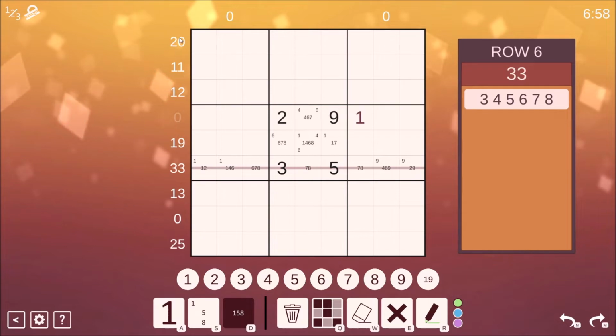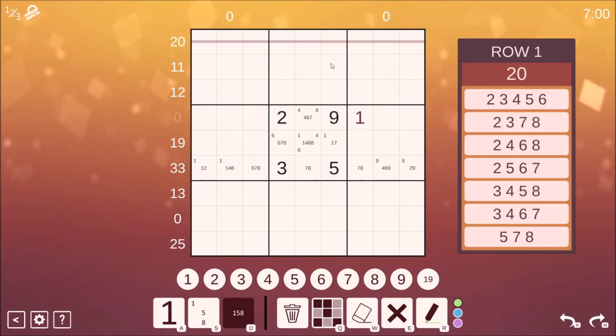Let's look at this 20. What I'm looking for now is if we can block out any of the middle sections. We can't with this 20, because we can have something in the middle and over there, because 3 numbers is a possibility.